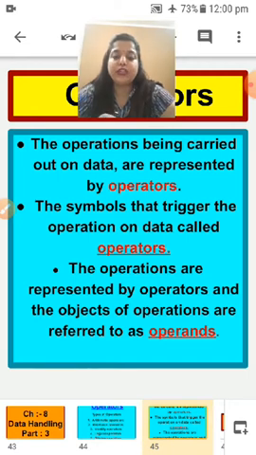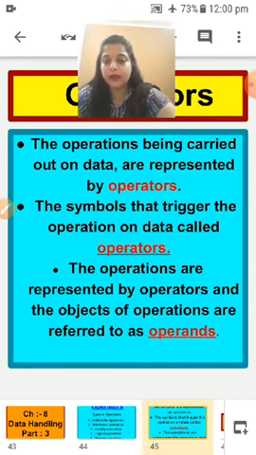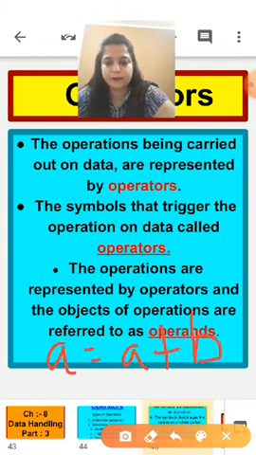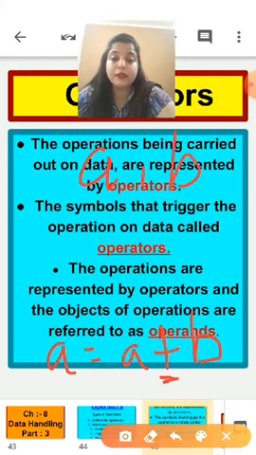Operations being carried out on data are represented by operators. This topic we have already discussed, children. Let's recall: A is equal to A plus B. Here the plus represents the operator, and A and B represent the operands.